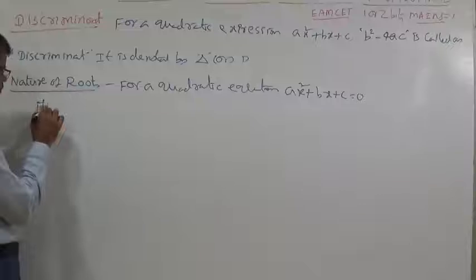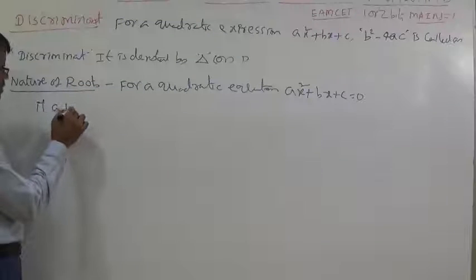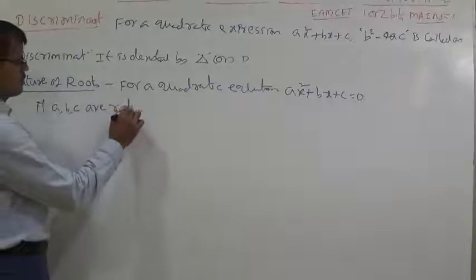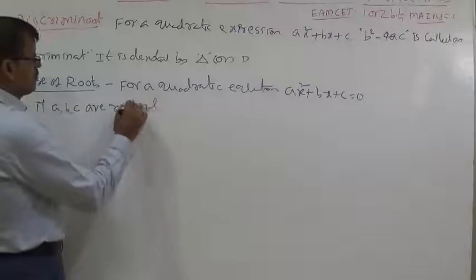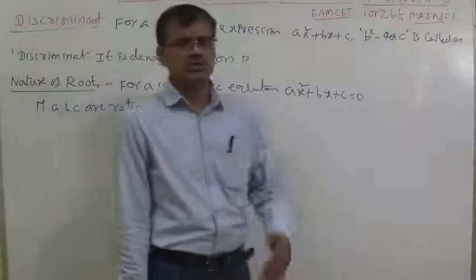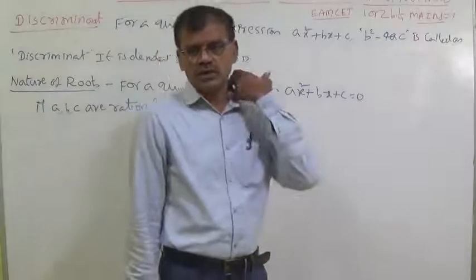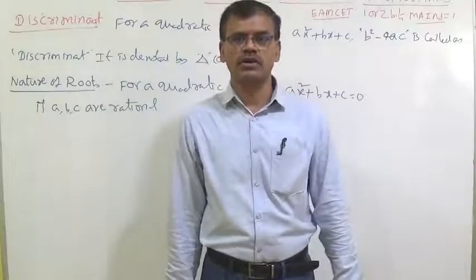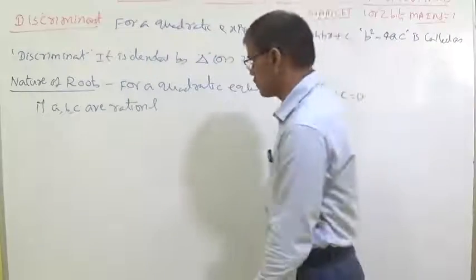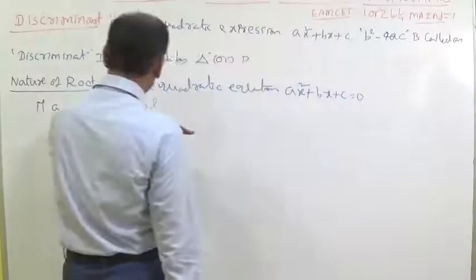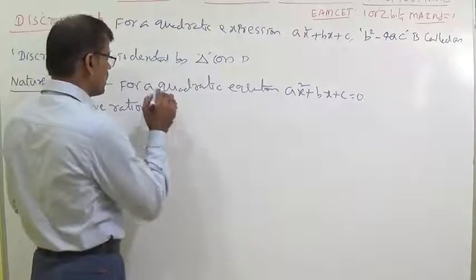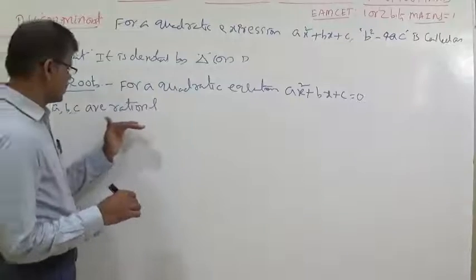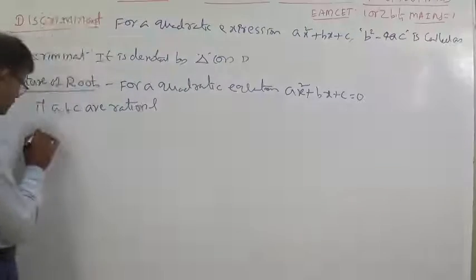If small a, small b, small c are rational, means a rational quotient, that means 2 by 3, 3 by 4 like that. A rational number is a number which can be written in the form of p by q, where q not equal to 0, is called as rational number. So if a, b, c are rational, for a quadratic equation ax square plus bx plus c equal to 0.